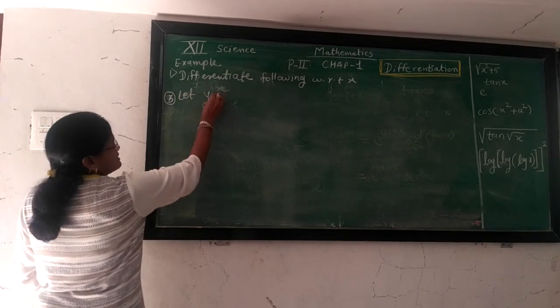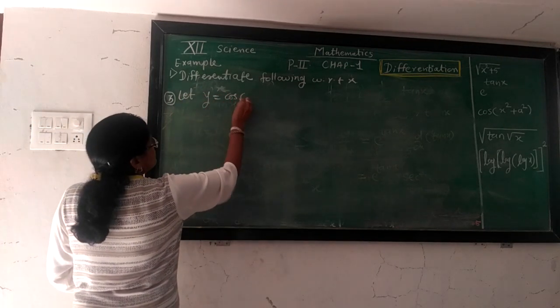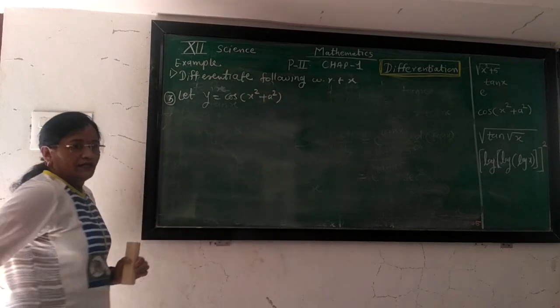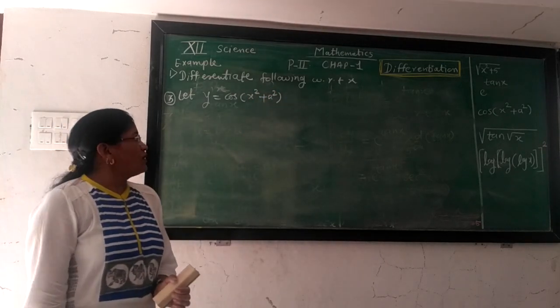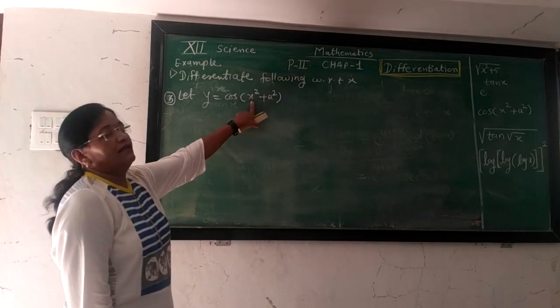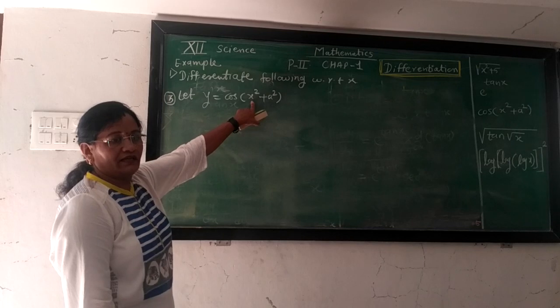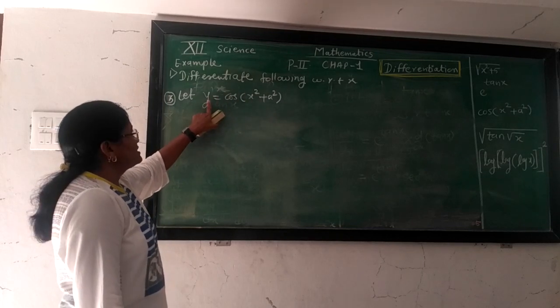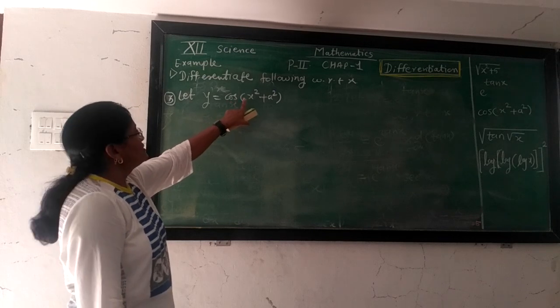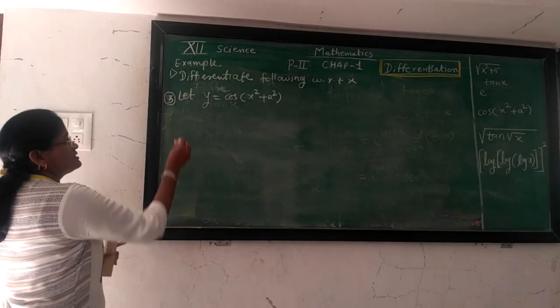Let y is equal to cos of x square plus a square. The outer function is cos, and then we find its angle in terms of algebra. The function is y, cos is the cosine trigonometric function, then its angle is x square plus a square.